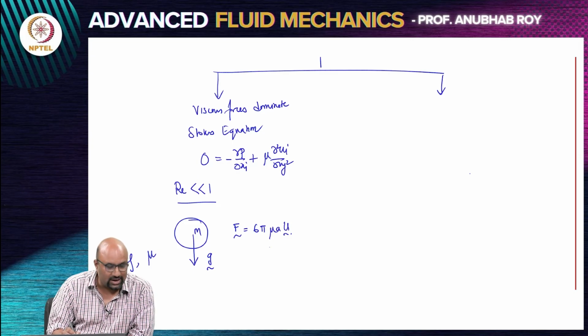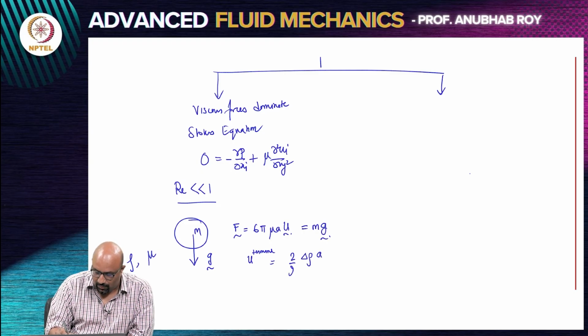This is the Stokes drag, and then you can compute the terminal velocity by equating this to the weight of the object, and this would give you the Stokes terminal velocity. That would be 2 by 9 delta rho a square g by mu.